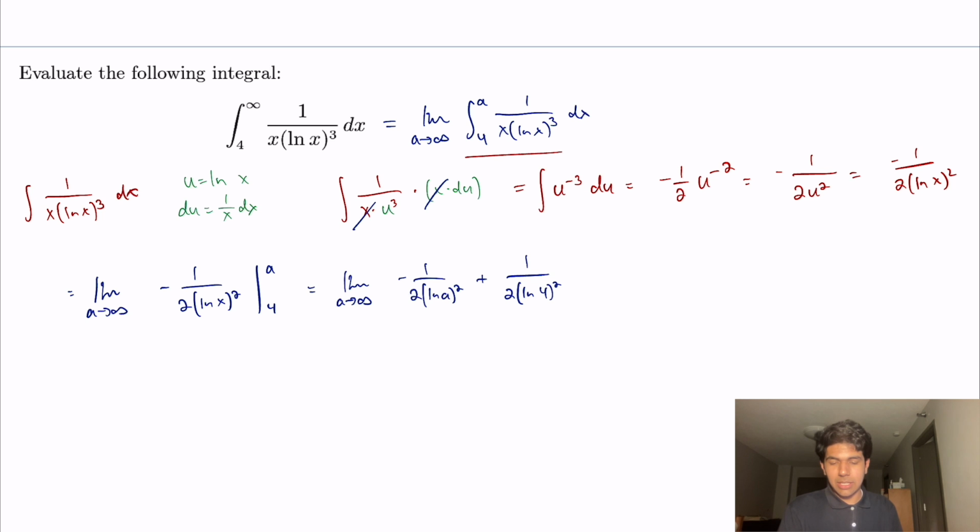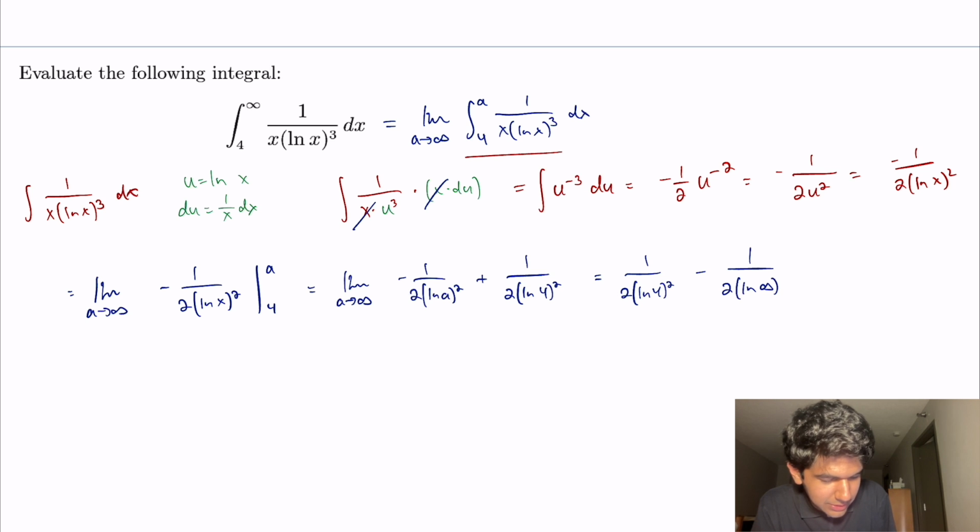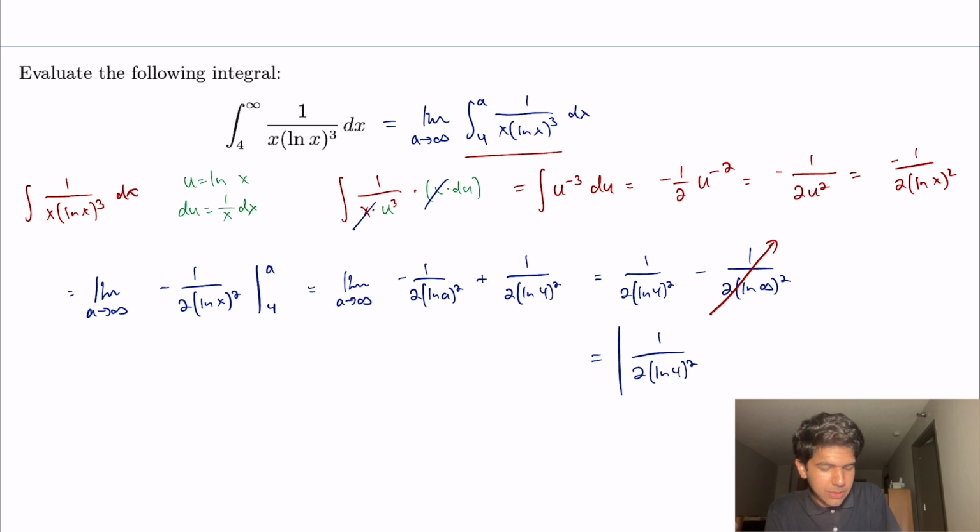Now we can try plugging in infinity for a, and let's just rearrange the two terms so the positive one is first. So this is 1 over 2 ln of 4 squared minus 1 over 2 ln of infinity squared. Ln of infinity is infinity, so the denominator is going to basically be infinity. So that second term goes to 0, and our final answer will be 1 over 2 ln of 4 squared.